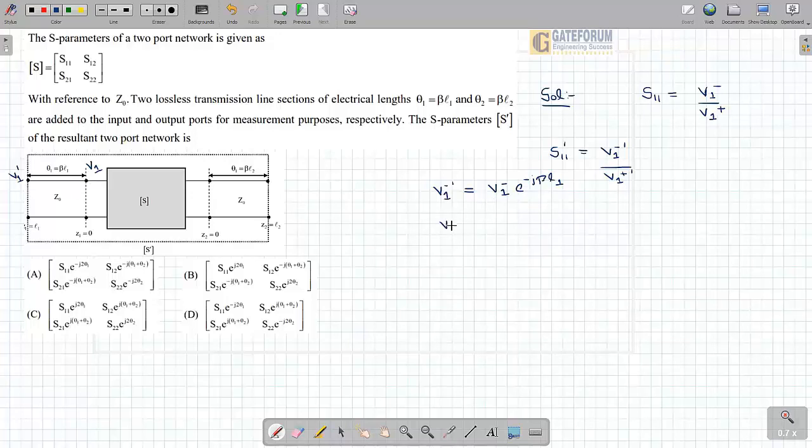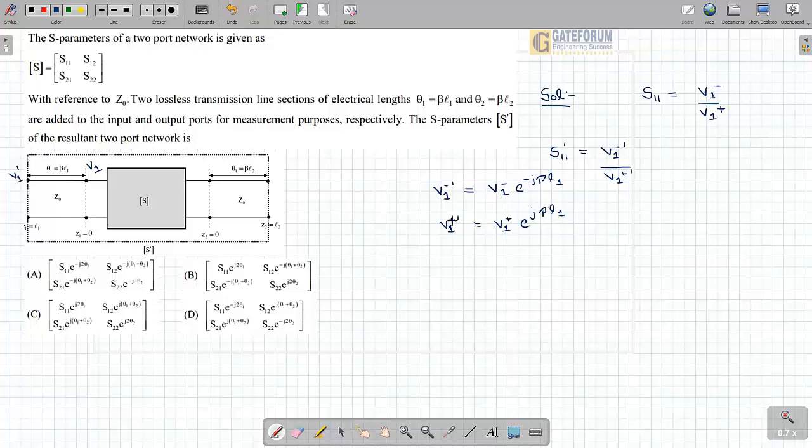And V1 plus dash is V1 plus e to the power minus j beta L1.